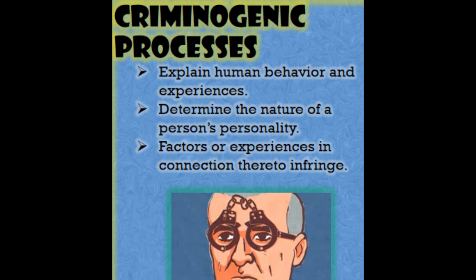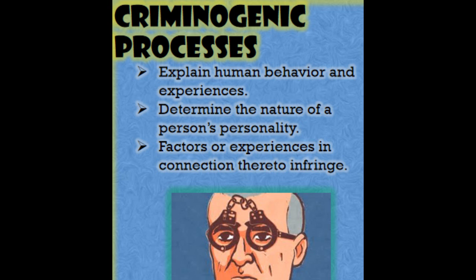We are going to relate it to infringement, because infringe is a term that is the same as crimes, or in other words, violations of laws, or contradicting the law. So with that, we are going to try to relate it.